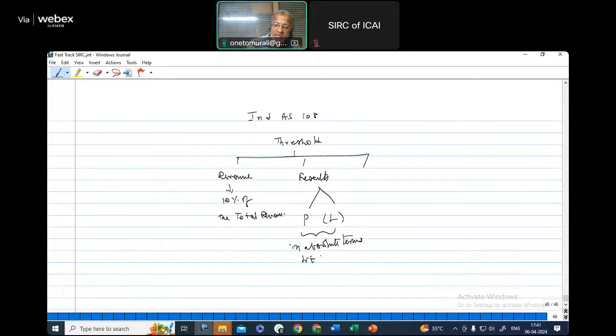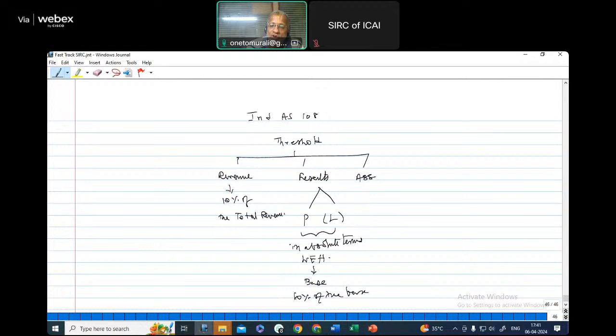In absolute terms, whichever is higher, take that as a base. If a segment is reporting 10% of that base, then it becomes a reporting segment.